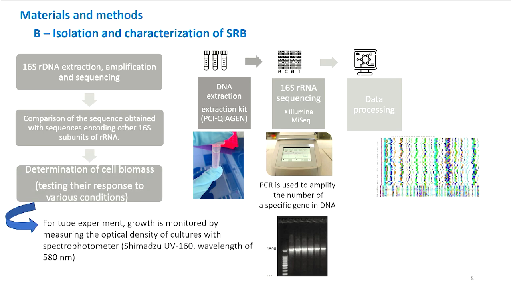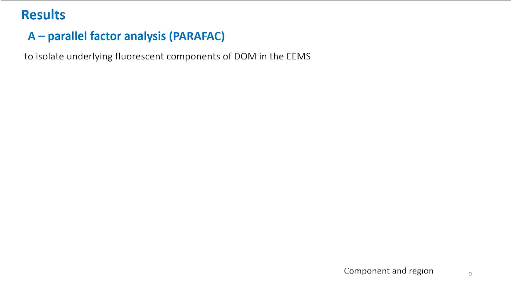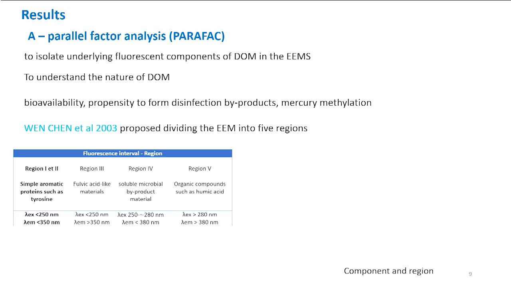like you can see. So regarding the result, a parallel factor analysis is used to isolate the underlying fluorescence components present in DOM from the EEMs, meaning excitation and emission wavelength matrix.